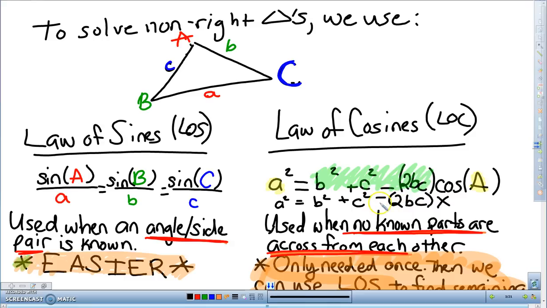It's going to be really tempting, and I know a lot of you are going to do this: when we have cosine of an angle written down, you'll want to solve for this piece first and leave off that piece, not following the order of operations right. So just a quick heads up. I'll do some more examples tomorrow in class, but I wanted to give you a heads up about that now too.